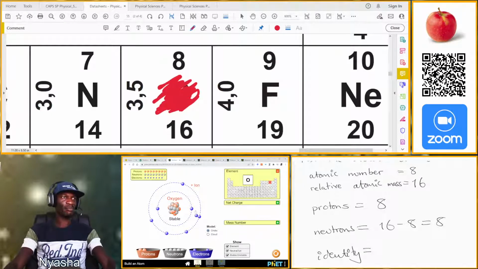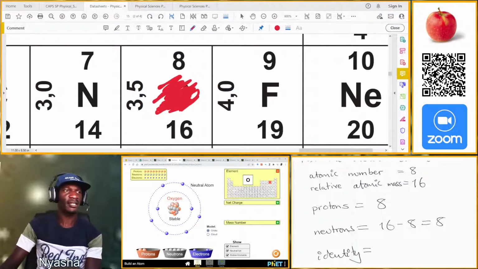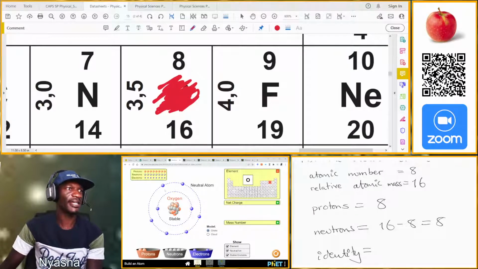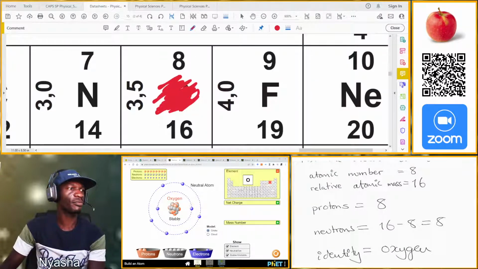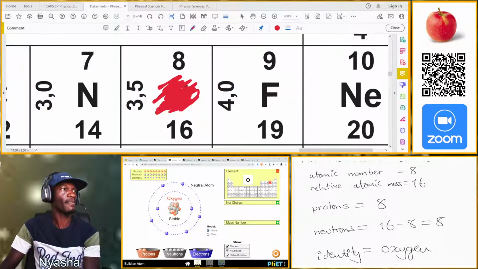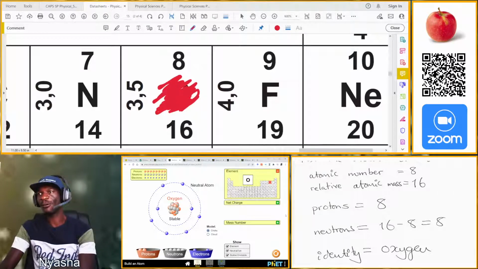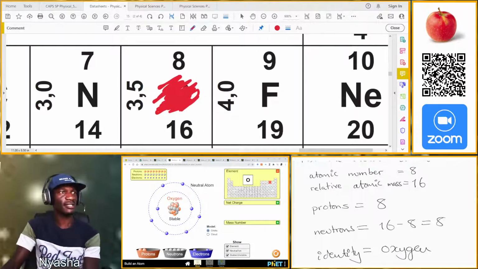But if we put in all the electrons, then we have a neutral atom. Okay, so in that case, which atom is it? The indication is oxygen. So we now know that this atom is an oxygen atom. Whenever we are now using the oxygen atom, this is the basic structure that we always need to remember.